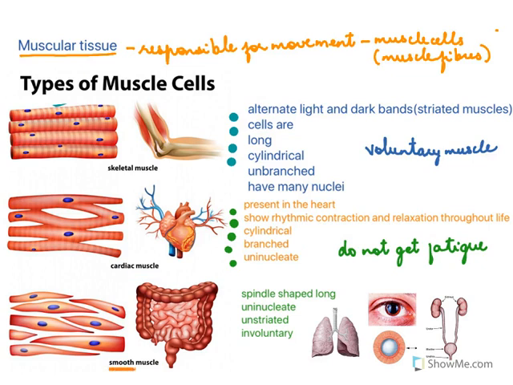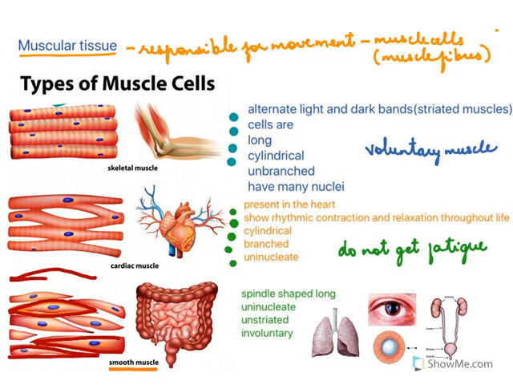Now we go on to the smooth muscles. These muscles are involuntary muscles. They are not in our control. And these muscles, as you see in the picture, are spindle shaped. What we mean by spindle shaped is that they are pointed at the tips and broad in the middle. See, all of them are pointed at the tips and broad in the middle. That's a spindle shape. I'll draw it again.